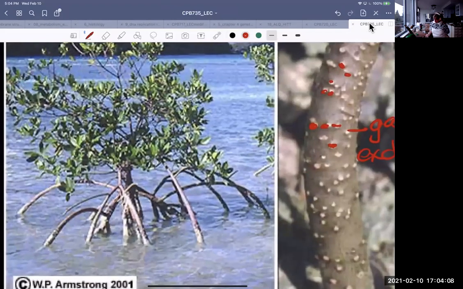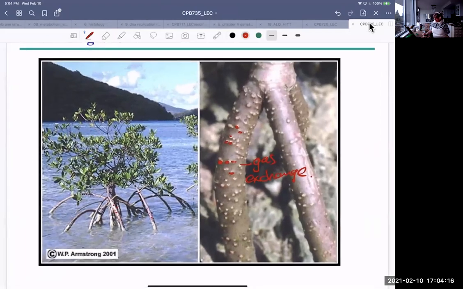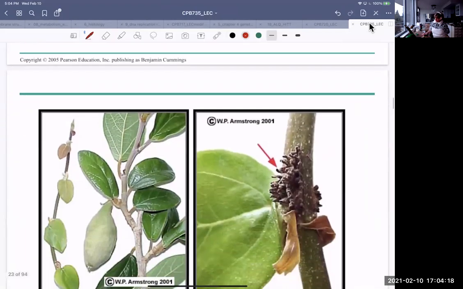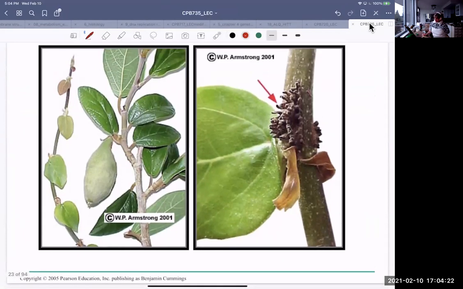So in this picture, the roots are quite high above the water, and that's so that they can get air and exchange gases. This is just another example of a climbing plant that has these little roots, and they attach to their substrate as it climbs up.